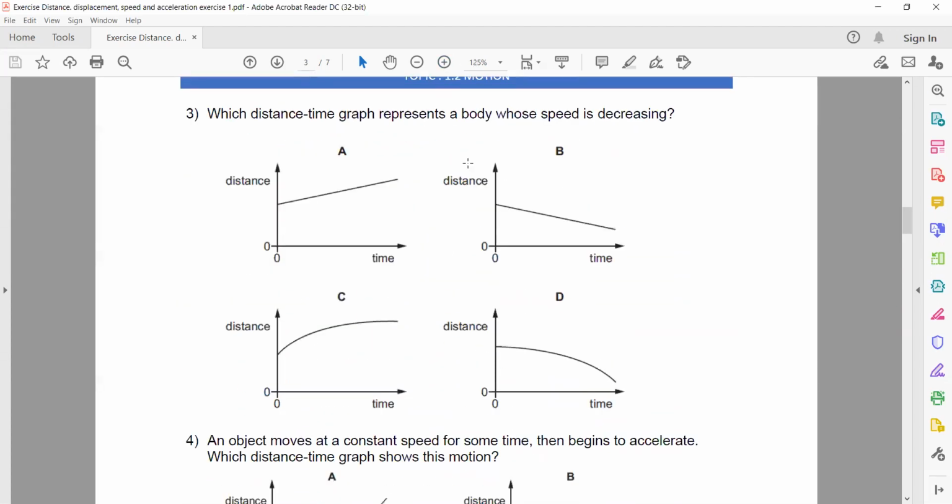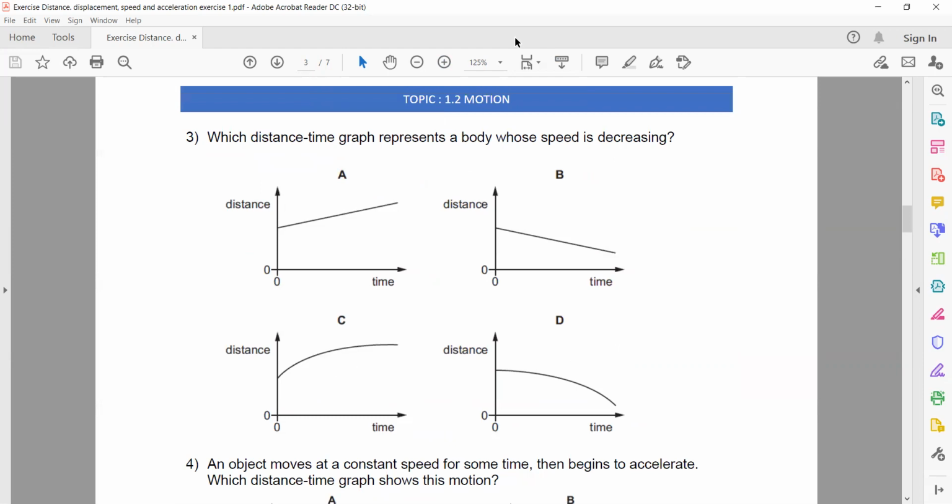Then which distance time graph represents speed is decreasing? Basically for a distance time graph, the slope is representing speed. So which one has the speed decreasing? Here the speed is constant, when it's a straight line for a distance time graph.